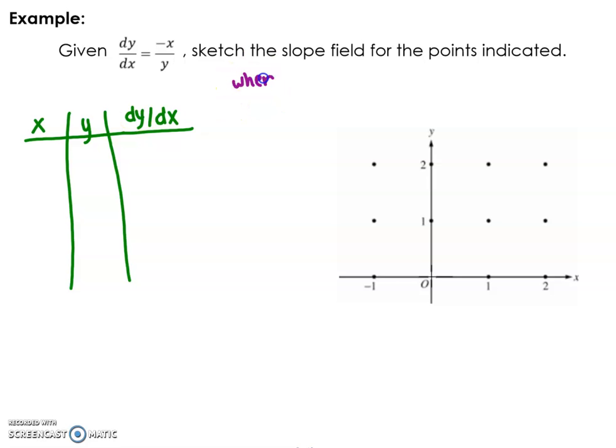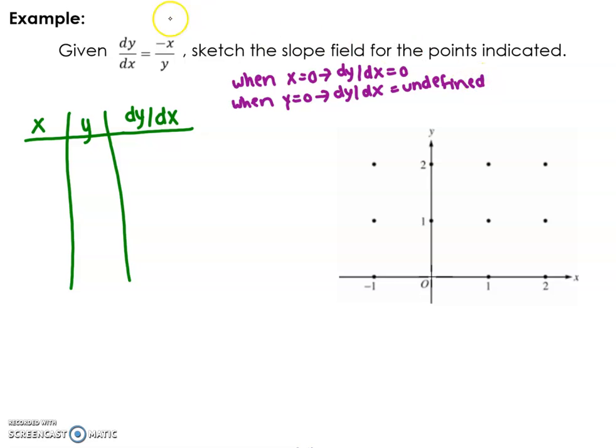When x equals 0, dy over dx is going to equal 0. When y is equal to 0, dy over dx is going to be undefined. So when we're sketching slopes, remember that a slope of 0 means that it's horizontal, and a slope of undefined means that it's a vertical line.